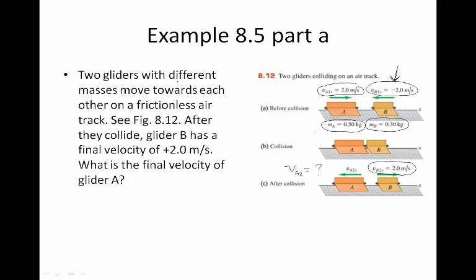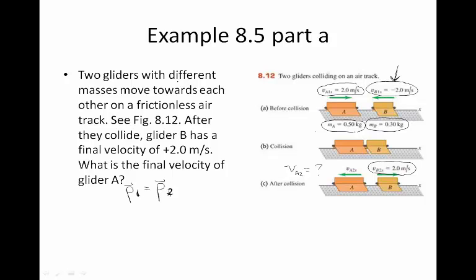So we're going to set up conservation of linear momentum. The sum of the momentums initially has to be equal to the sum of the momentums at the end of our scenario. I'm going to make that P1 and P2 so our variables match the figure.